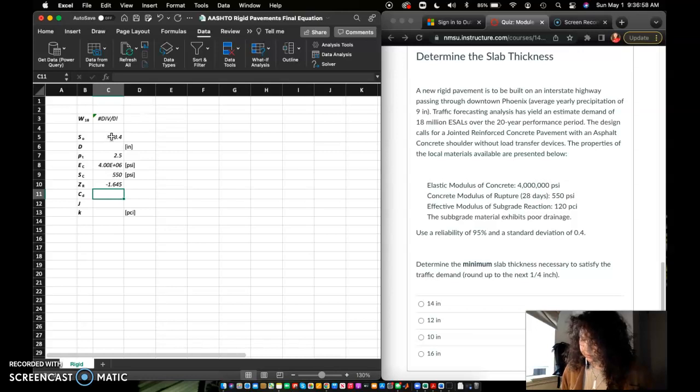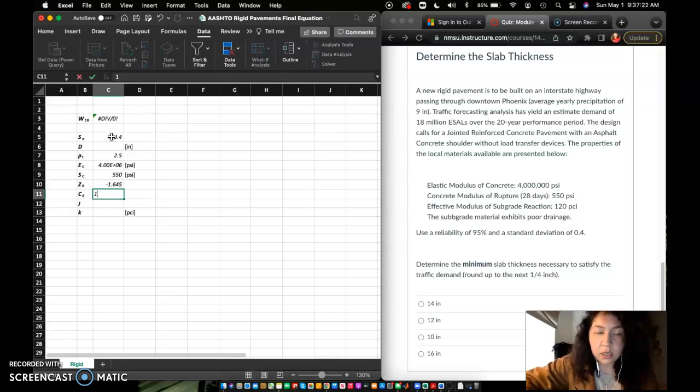I'm going to assume 1, just because I know Phoenix is in the desert and there's not a lot. We're told it's 9 inches of precipitation, so I'm going to stay on the 1 for my drainage coefficient.